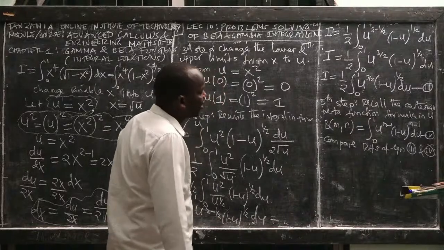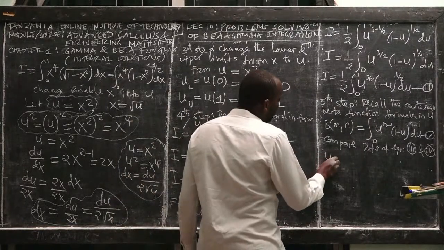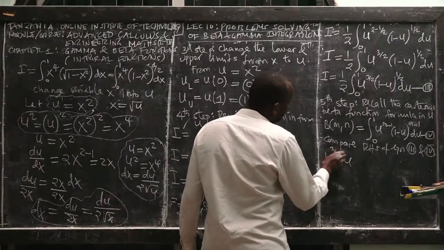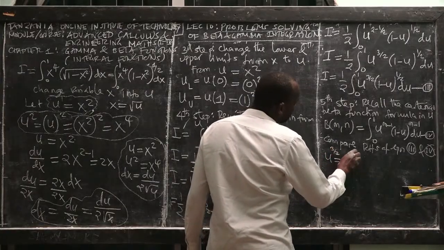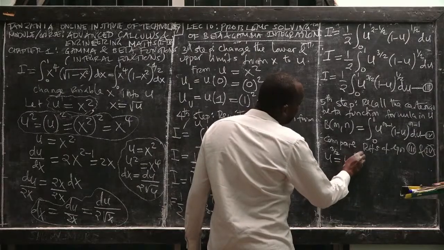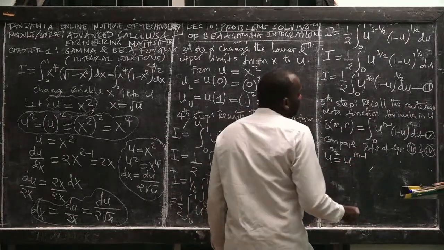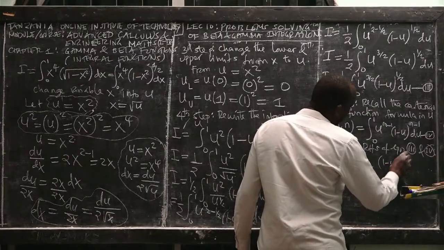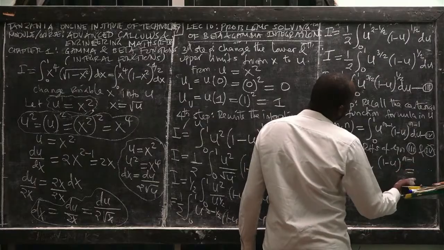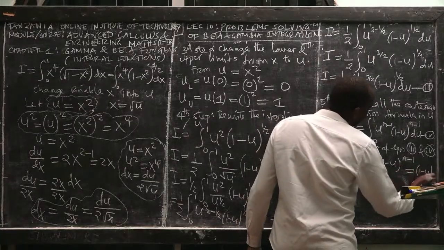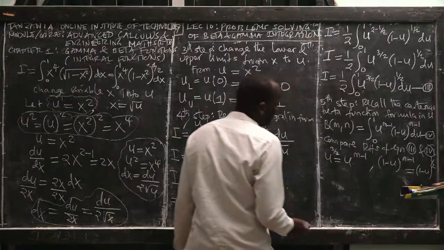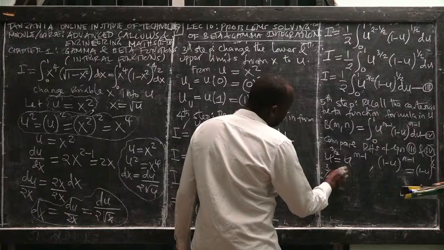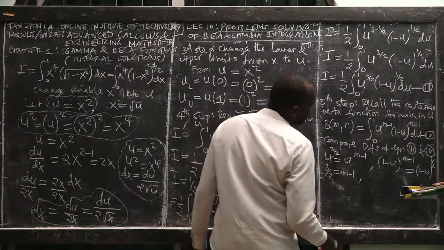So if you compare the right hand side, we have u power 3 over 2 is equal to u power m minus 1, then 1 minus u power n minus 1 is equal to 1 minus u power half. Same base, so compare the exponent. 3 over 2 is equal to m minus 1.